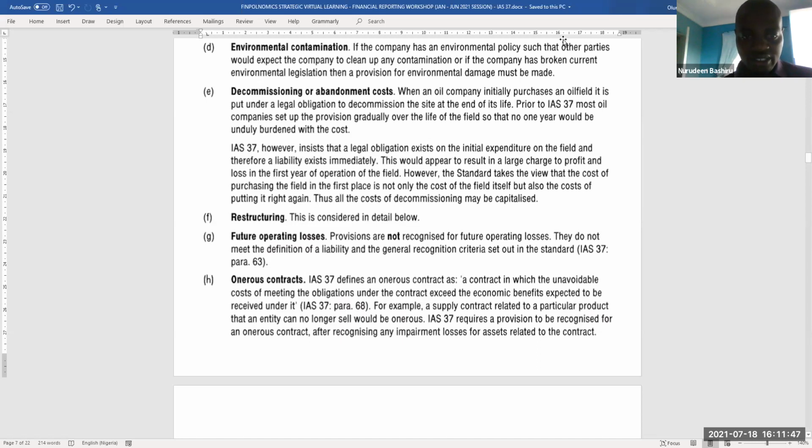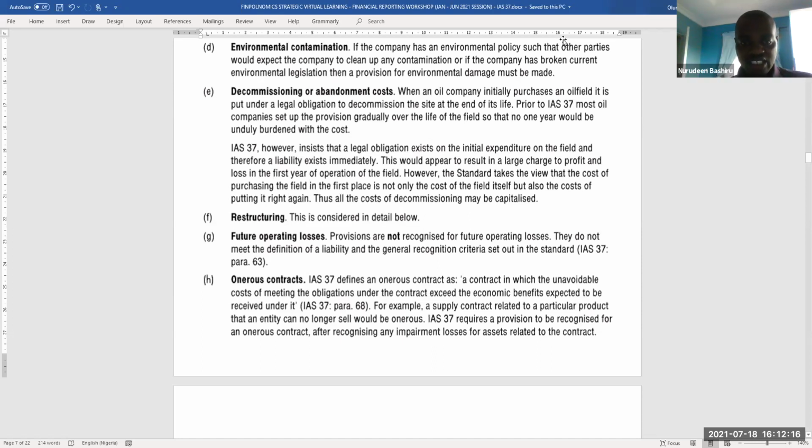Future operating losses. Provisions are not recognized for future operating losses. They do not meet the definition of a liability and the general recognition criteria set out in the standard, IAS 37, paragraph 63. Onerous contracts.